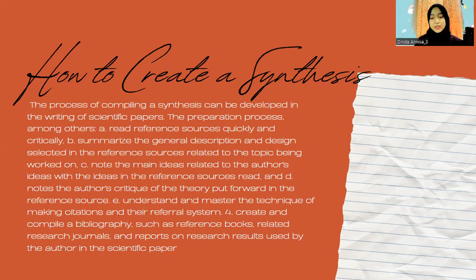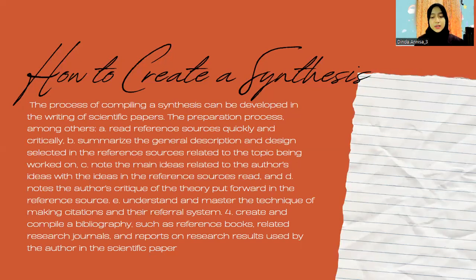And this paper contains things that are considered important for each chapter in the reference sources and consists of only the main sentence. And the third is note the main ideas related to the author's ideas with the ideas in the reference sources read.